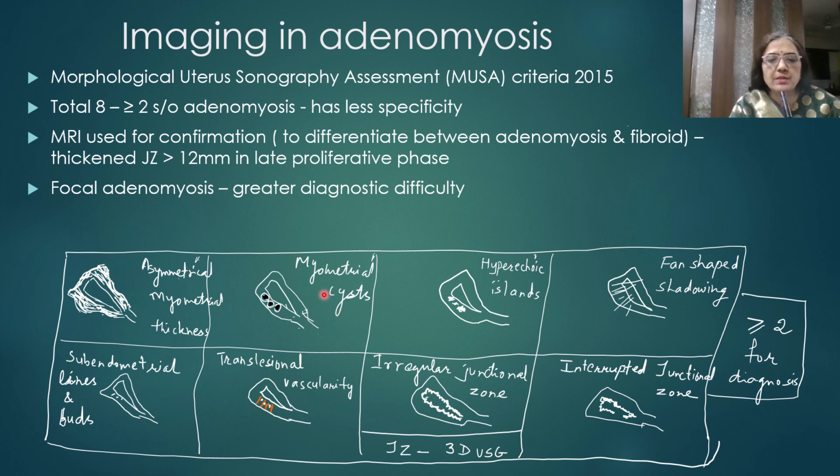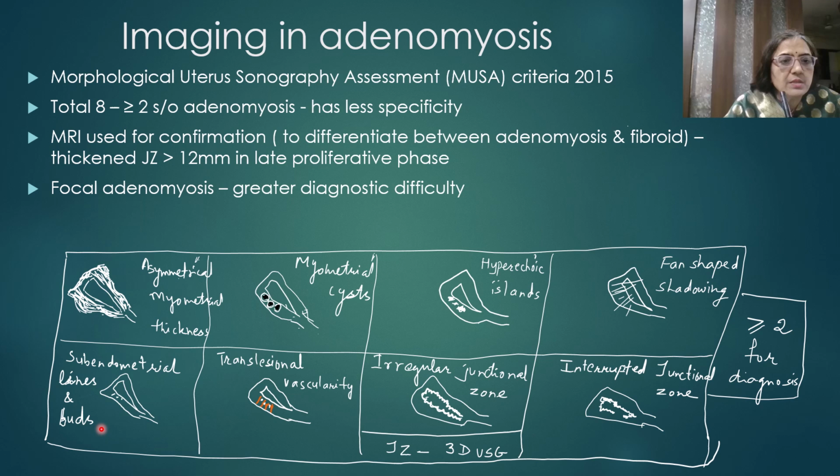That is why it is considered one of the specific signs for the diagnosis of adenomyosis. Then hyperechoic islands are seen. There is a shadowing called fan shaped shadowing, which is one of the ultrasonography features of adenomyosis.